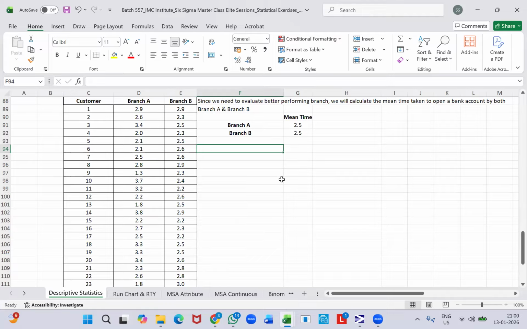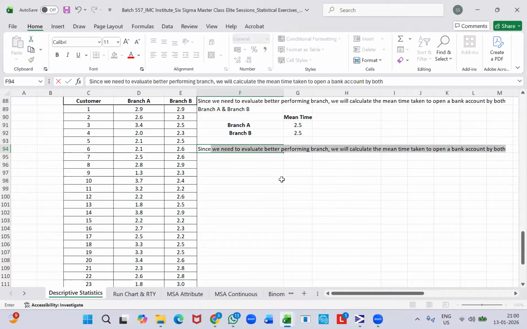If the standard deviation is less, it means the consistency demonstrated by that particular branch is very high, right? So the lesser the variation, the higher the consistency. So the lesser the standard deviation value, we can infer that the particular category is demonstrating higher consistency in its performance, right? So that's the next step.